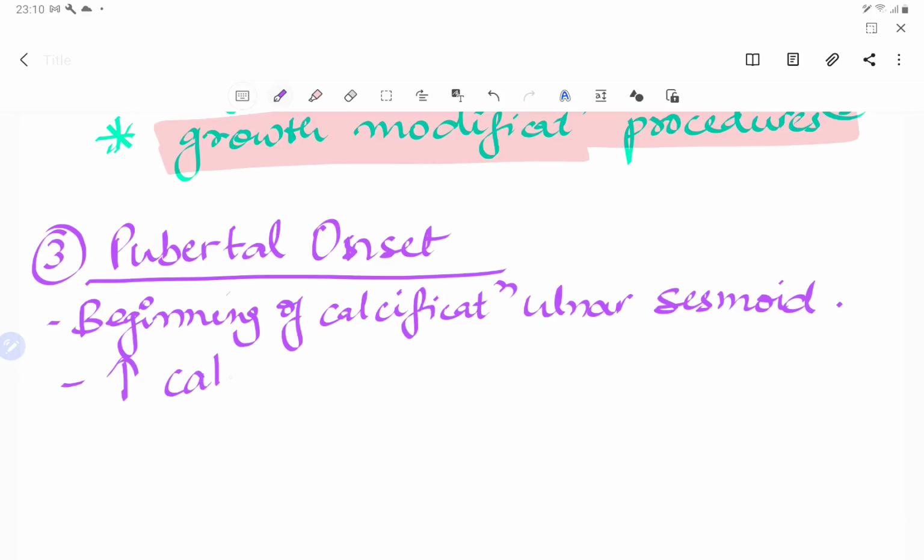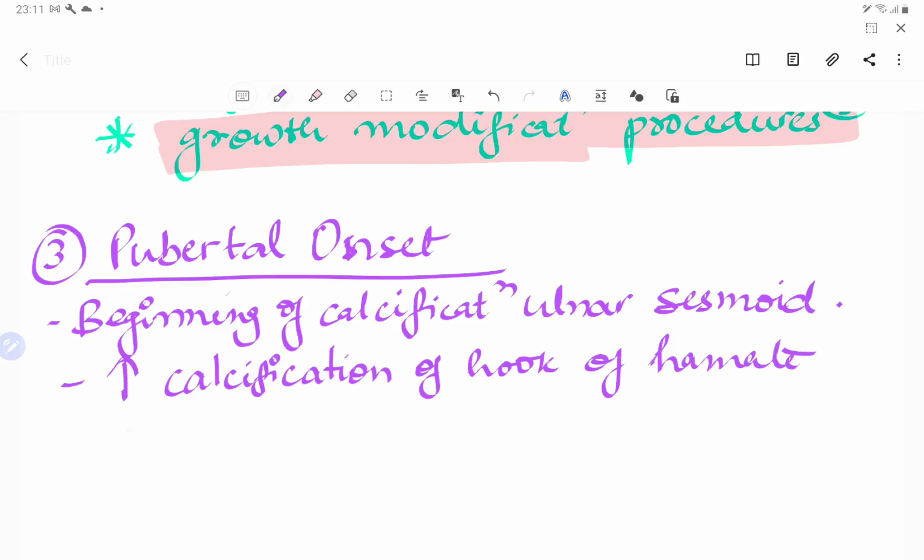In stage 2 we have talked about initial ossification. Now the bone is starting to calcify. So there is increase in the calcification of the hook of hamate, and also of the pisiform.